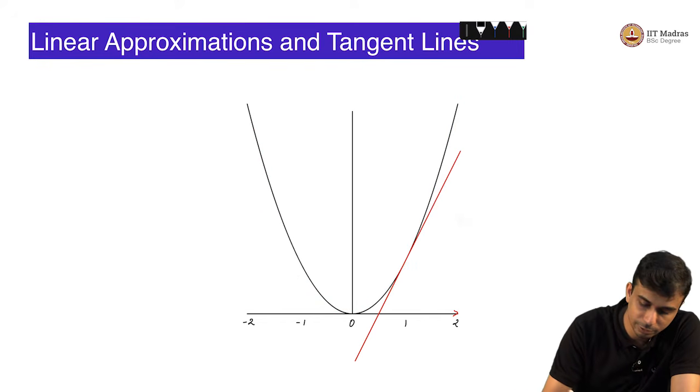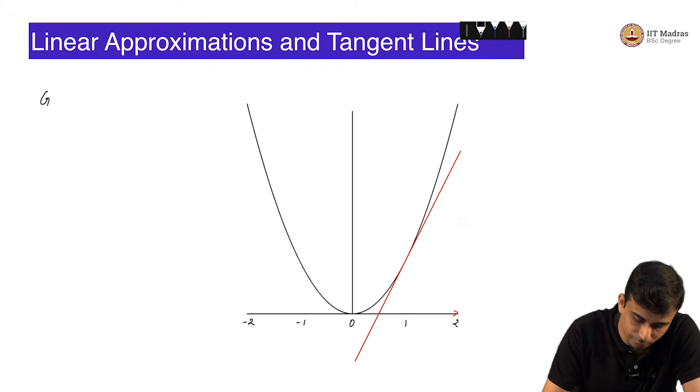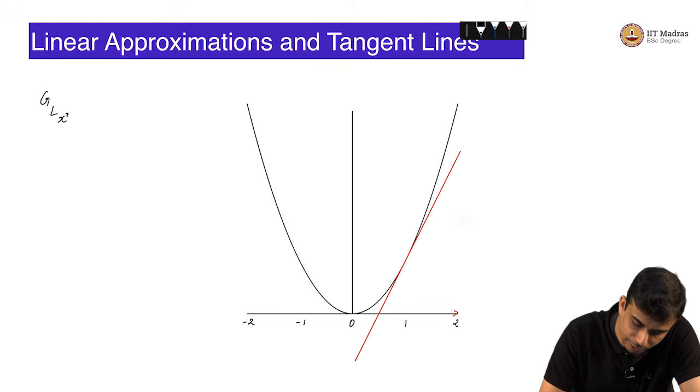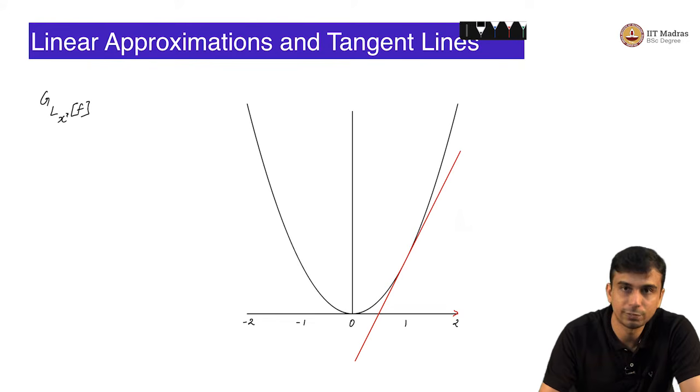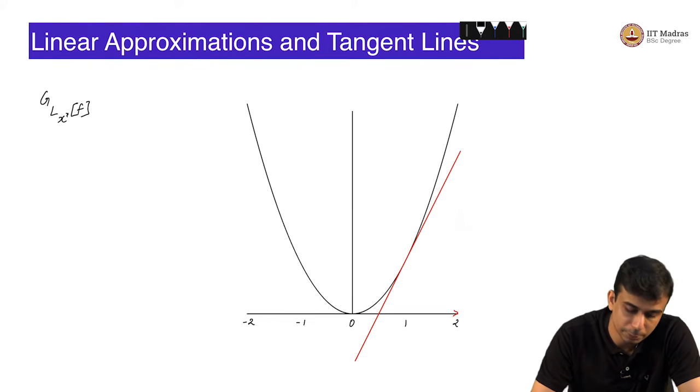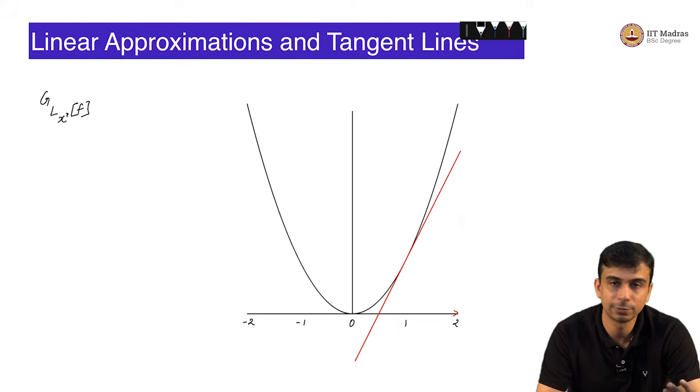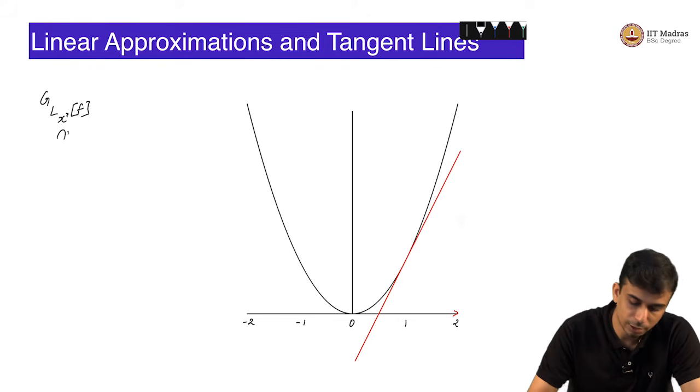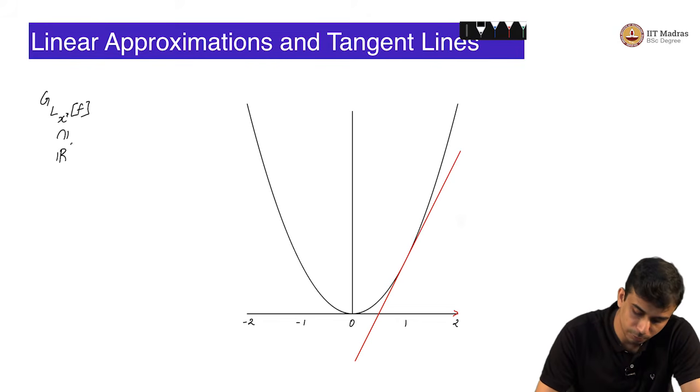Or in other words, I am going to write it in a formal way: the graph of Lx star of f, which is also a function, is also going to be a subset of R2. In the case of functions from R to R, this is a subset of R2.